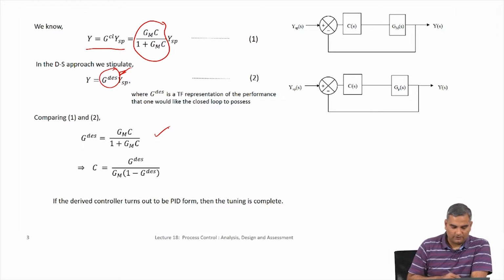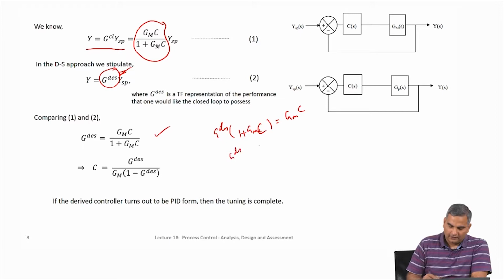So, if you do some very simple manipulations, let us do that. So, this is G desired times (1 + GMC) equal to GMC. Then what we need is, we need all the controller terms to one side, right. So, basically what we are going to do is we are going to have G desired plus G desired GMC equal to GMC, right.